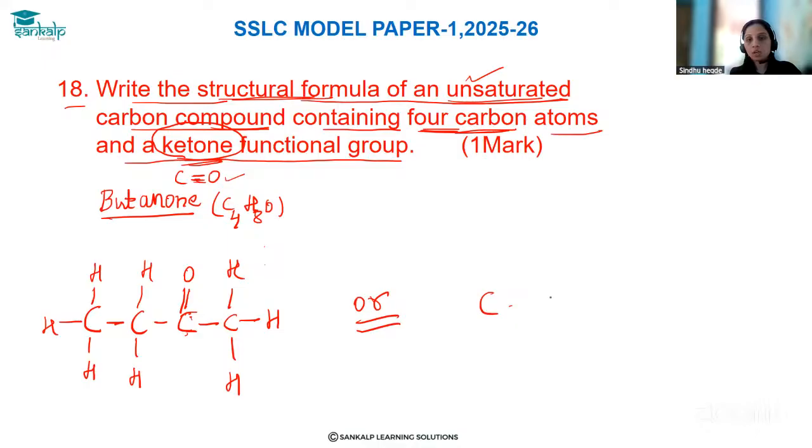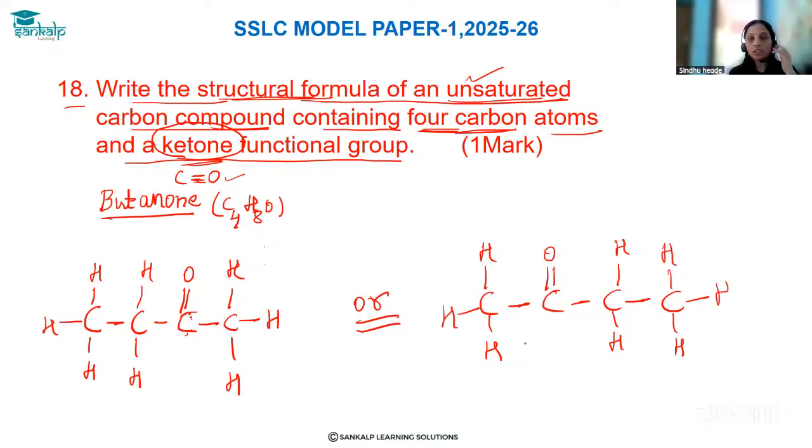See, carbons 1, 2, 3 and 4, then hydrogen. Here we can show the C double bond O ketone group, and again hydrogen.